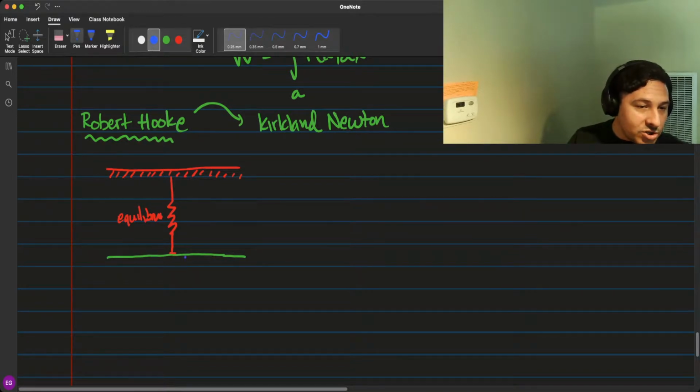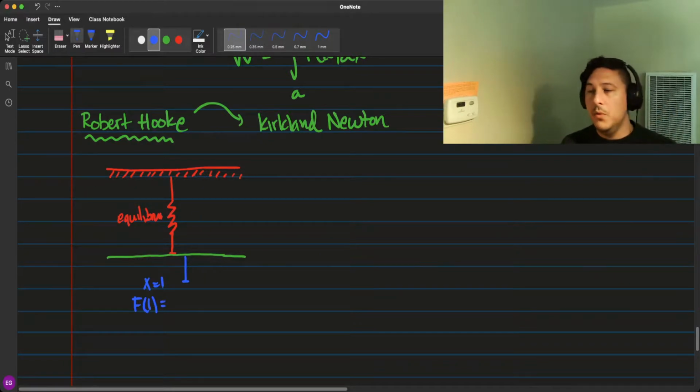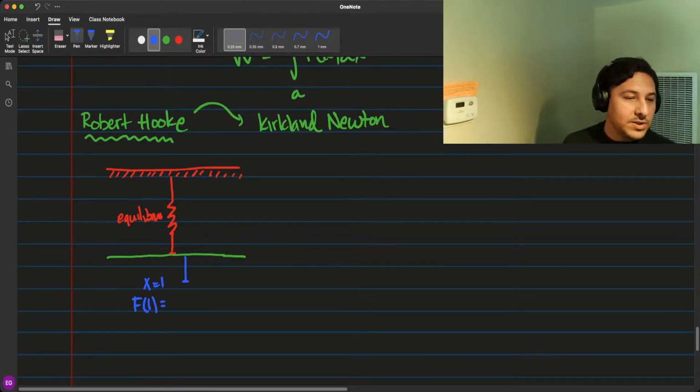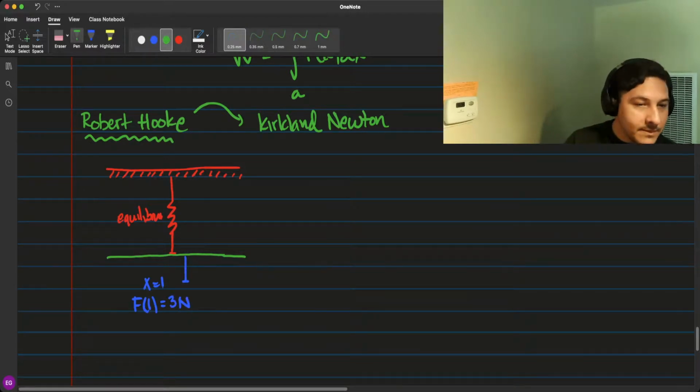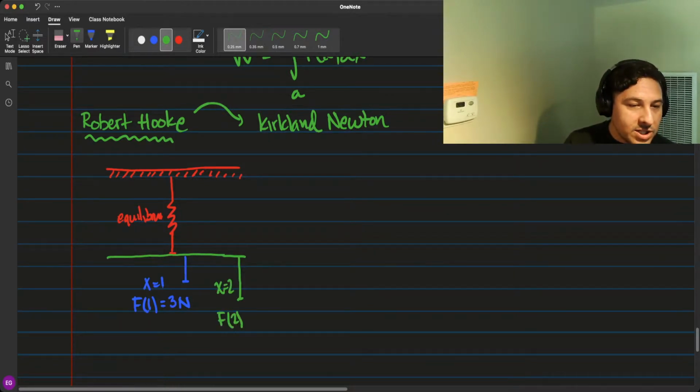Let's say that you stretch out the spring to x equals 1, and you notice that the force after you stretch it out by 1 meter is equal to 3 newtons. And then he stretched it out some more, by 2 meters, and he noticed that the force when stretched out 2 meters is equal to 6 newtons.